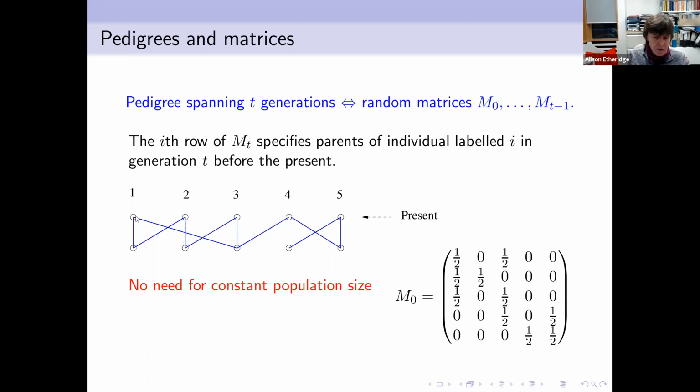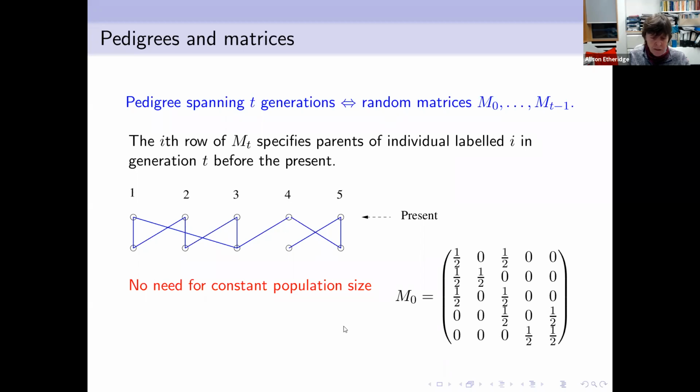So here's the present. So this is meant to be the matrix M0. And for example, the individual labeled 1, their parents in the previous generation were labeled 1 and 3. And so in my pedigree matrix, the first row has got a half in the first position and the third position, and otherwise zeros. And similarly, say the last individual, the individual labeled 5, their parents were the individuals labeled 4 and 5. And so in the bottom row of the matrix, there's a half in the 4th position and a half in the 5th position.